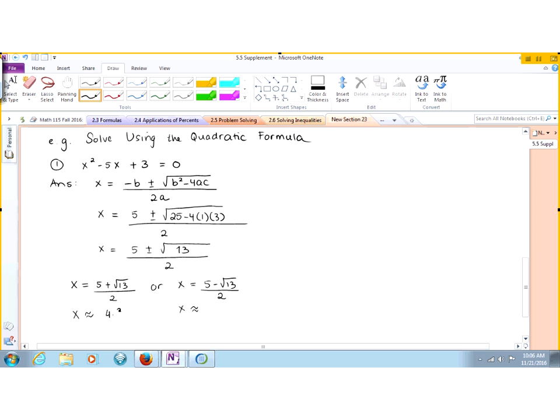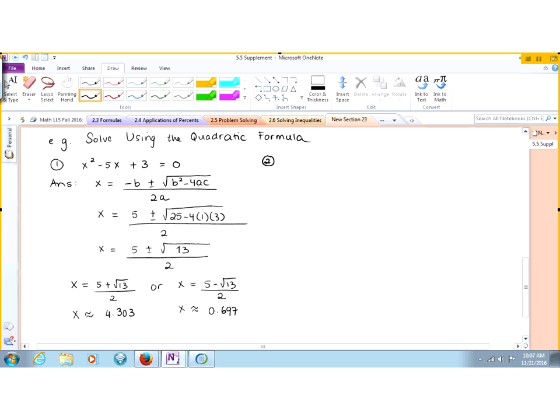What's my answer approximately? 4.303. And what about the other one? 5 minus square root of 13 divided by 2. What's the answer? 0.697, approximately. I just want you to know this is approximately 4 and this is approximately 0.7.